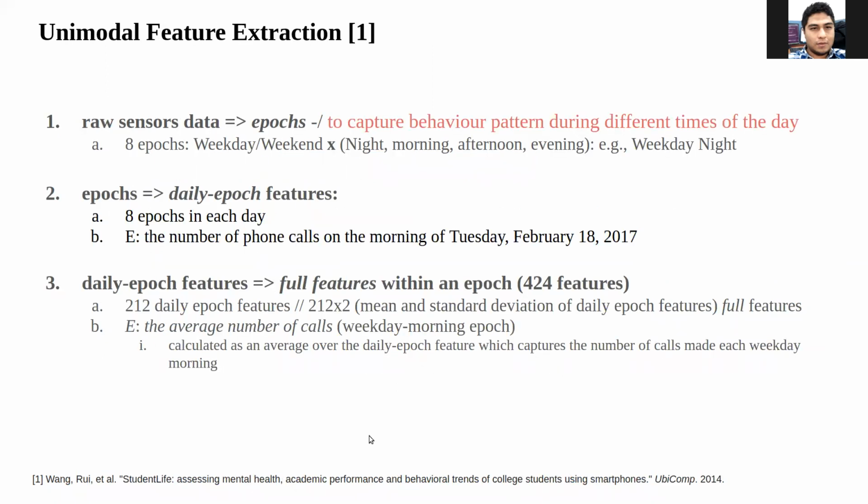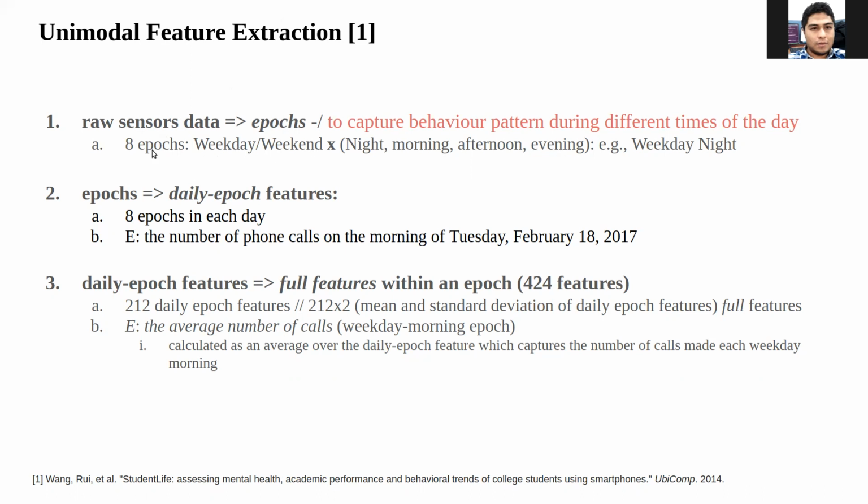So now let's talk about how to obtain unimodal feature extraction. This is a simple form of feature extraction, which was used previously. First, they introduced the concept of an epoch. They divide the day into 4 time slots, and the time slots are different for weekdays and weekends.